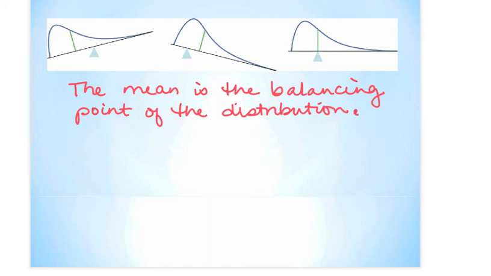So you'll notice if I put my mean up here in this distribution, well then there's too much weight back here and it's not going to balance. If I put my mean here, obviously that is not in the right place. It's going to fall down because there's too much space up here. But in this case, I put my mean precisely in the perfect place in order to balance my density curve. So it's literally just a balance point.